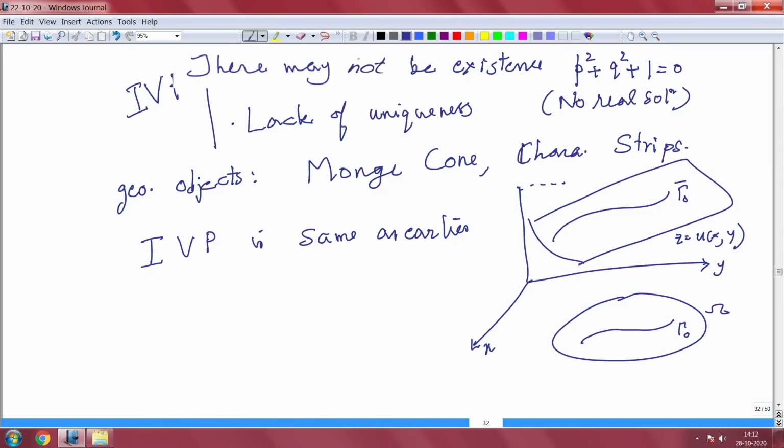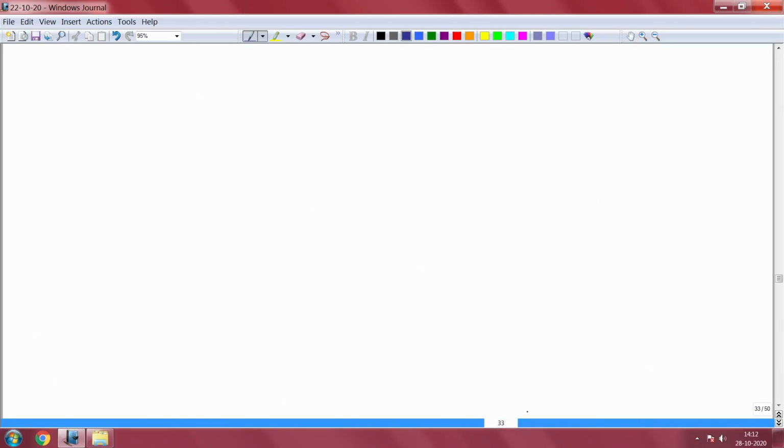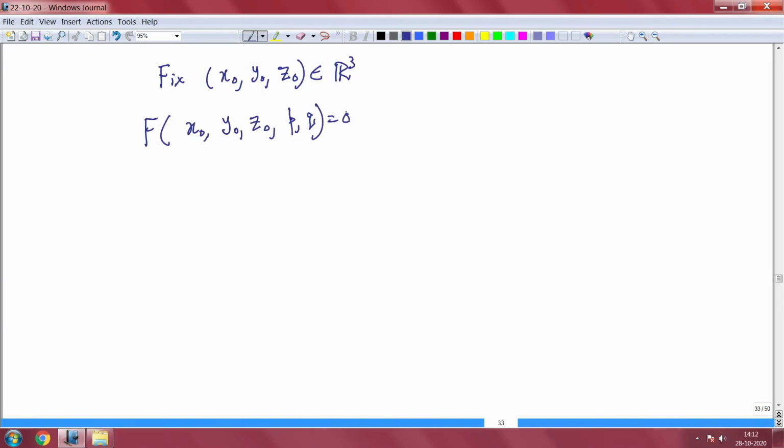Let us understand the geometry a little bit. Fix a point x naught, y naught, z naught in R3, and look at the equation f of x naught, y naught, z naught, p and q. Think of it as a function of the two variables p and q.